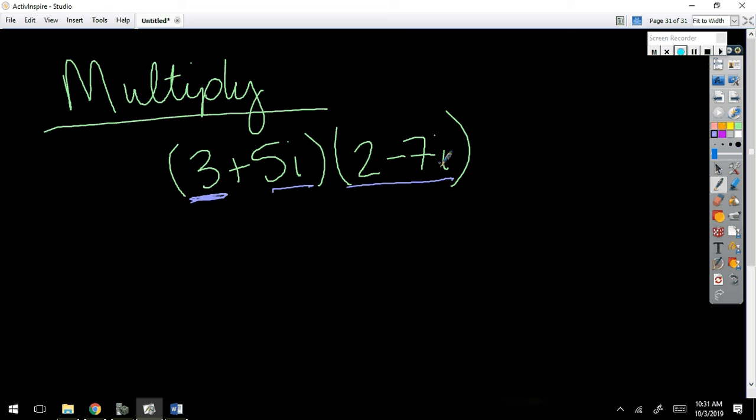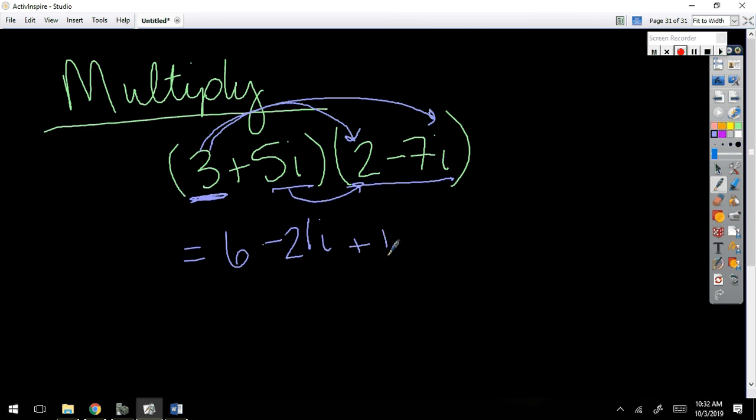So, 3 times 2 is 6. Let me write it down here below it. 3 times negative 7i is negative 21i. 5i times 2 is 10i. And 5i times negative 7i is negative 35i squared.